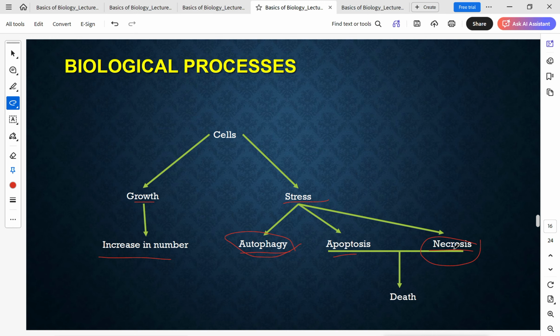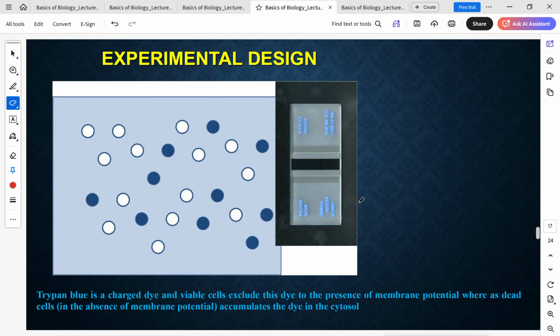Okay. So now you know what's the difference between apoptosis and necrosis, but the end result is the death of the cell. How do you know if your cells are healthy or if they are dying? You do an assay known as trypan blue exclusion assay. So trypan blue, as I said, is a charged dye. It can only enter dead cells.